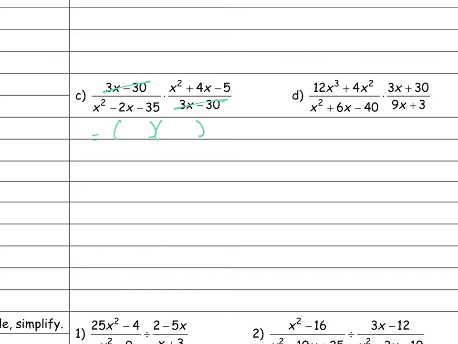Two numbers that multiply to be negative 5, so 5 and negative 1. And the bottom, two numbers that multiply to be 35, so that would be 7 and 5. And I want a negative 2, so that's negative 7 and plus 5. So that goes away, and my answer becomes x minus 1 over x minus 7.